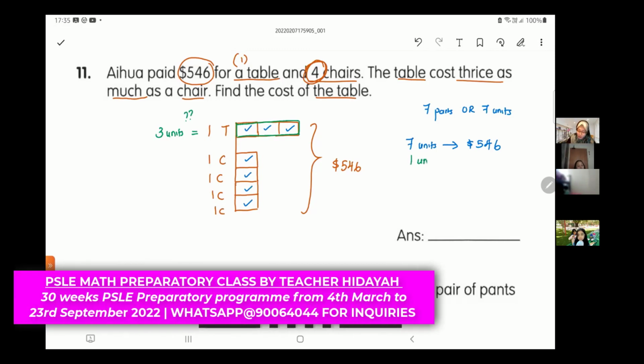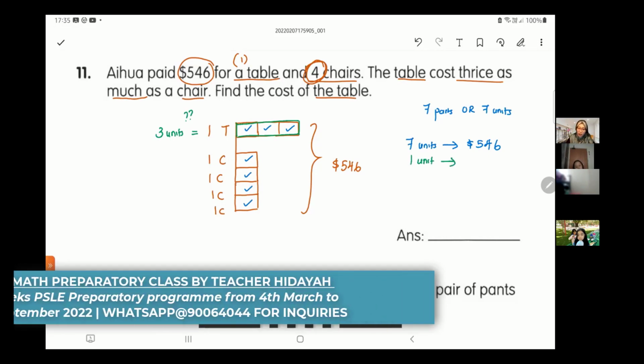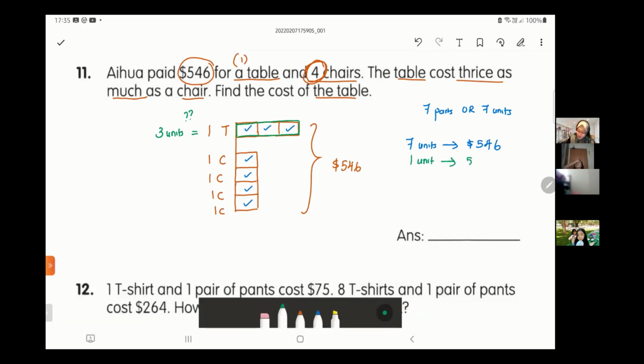I want to find these 3 units. Find 1 unit first, which means I need to divide, to find each part, right? So 546 divided by 7. How do you divide? As usual. 5, 4, 6 divided by 7 like this. When you divide by 7, you get the answer $78.